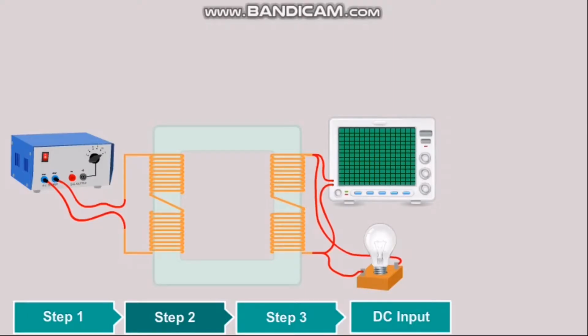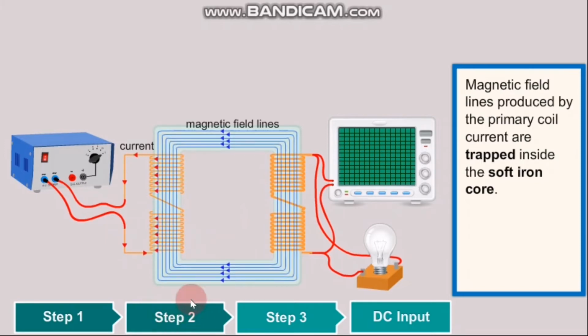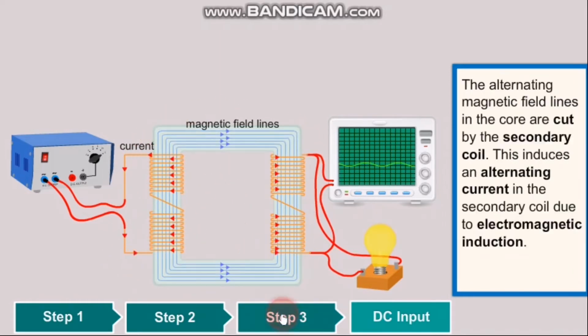Let's find out what happened in the previous study. When we connect the input circuit to an alternating voltage, an alternating current will flow in the primary coil, producing an alternating magnetic field. The magnetic field lines produced by the primary coil are trapped inside the soft iron core.